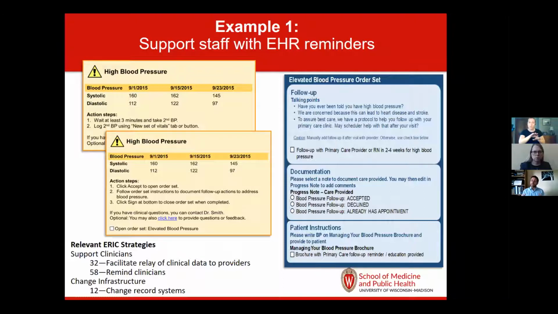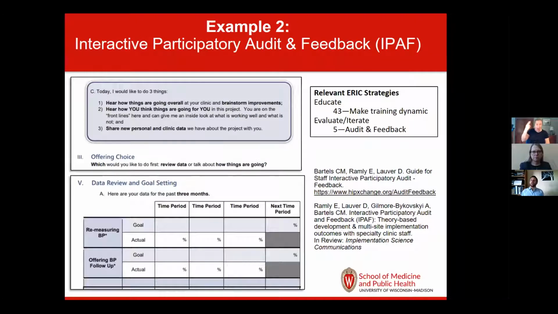And the smart set is actually smart enough, the way we designed it, to know if the blood pressure is so high that it requires an appointment with a prescribing provider, or that it could be an appointment with a nurse in primary care.